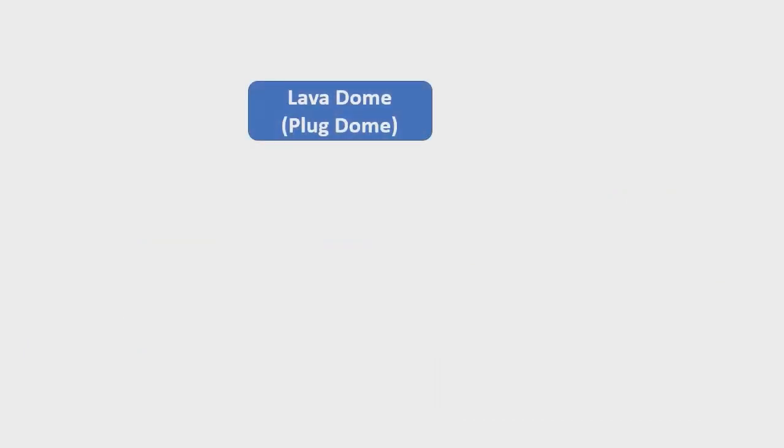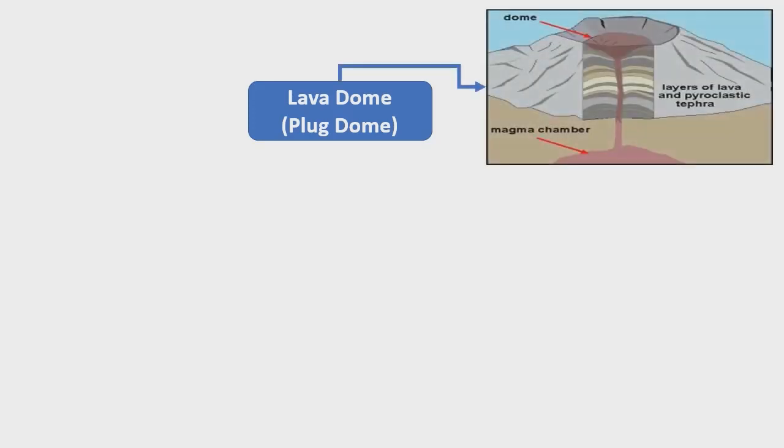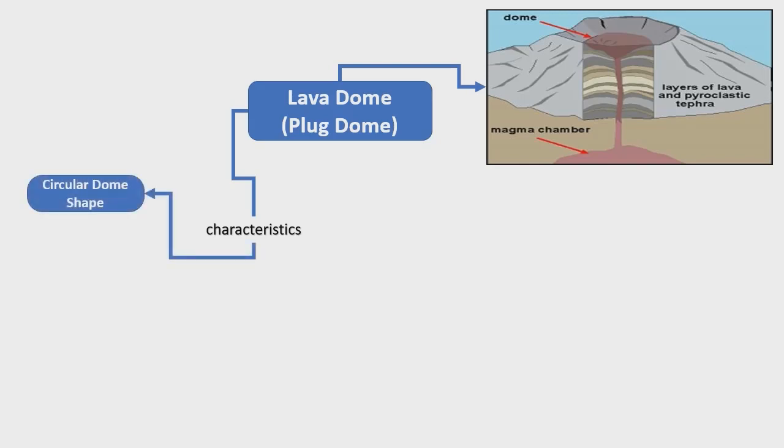Finally, the last type of volcano shape is a lava dome or plug dome. This is how a plug dome looks like. The characteristics of a lava dome volcano are the following. It has a circular dome shape as if it's a plug, and also it has a slower eruption.